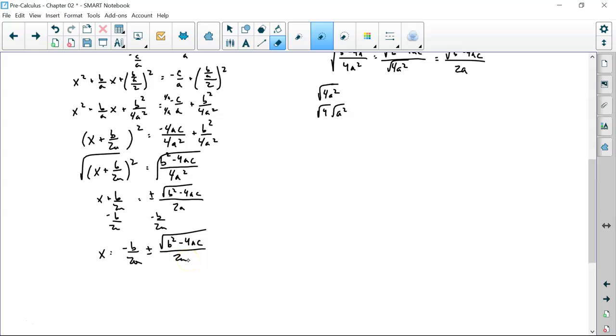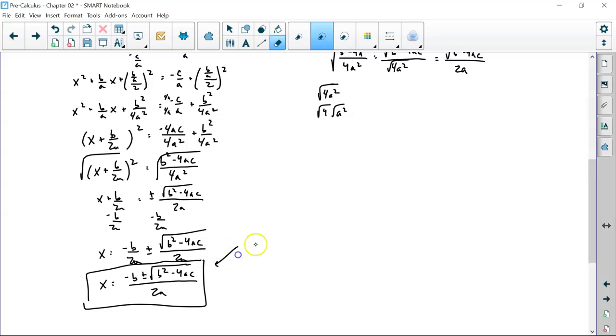They already have a common denominator, so x equals negative b plus or minus the square root of b squared minus 4ac, all divided by 2a. And hopefully that answer looks familiar, because what we just did is we developed the quadratic formula. That's why the quadratic formula always works.